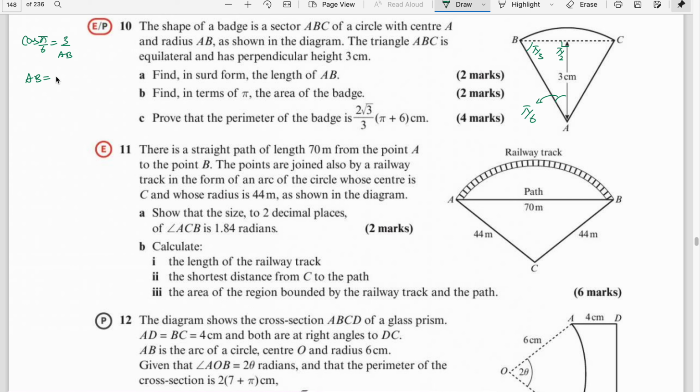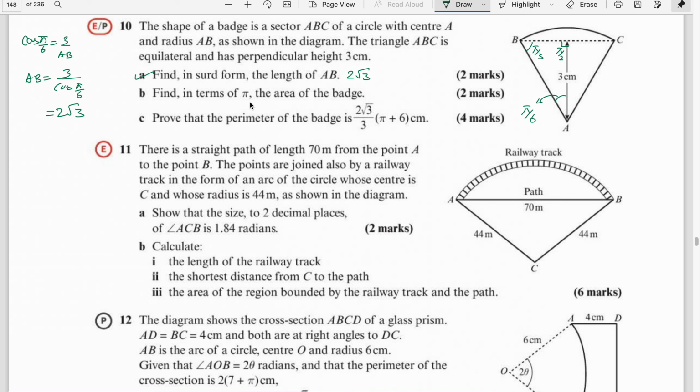So AB is equal to 3 divided by cos pi by 6. So cos of pi by 6 is square root 3 by 2, and 3 divided by that is 2 root 3. So this is our radius AB.